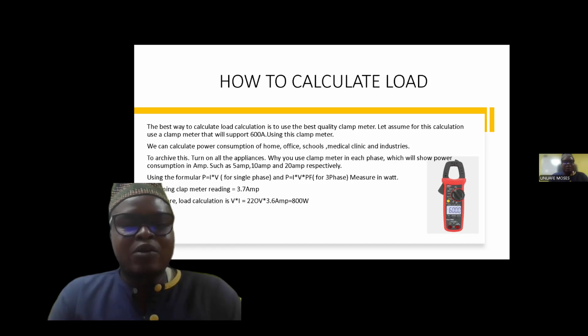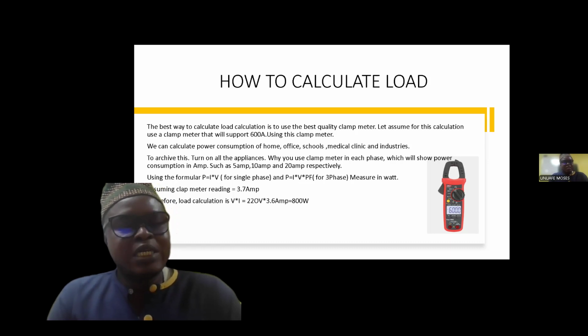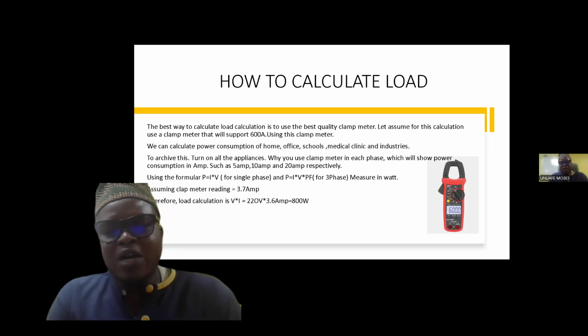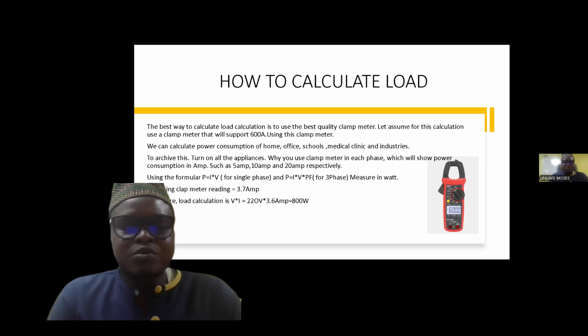We record the power consumption, for instance 5 amps, 10 amps, respectively. We use the formula power equals current times voltage in a single phase, but in a three-phase, you use power equals current times voltage times the power factor.